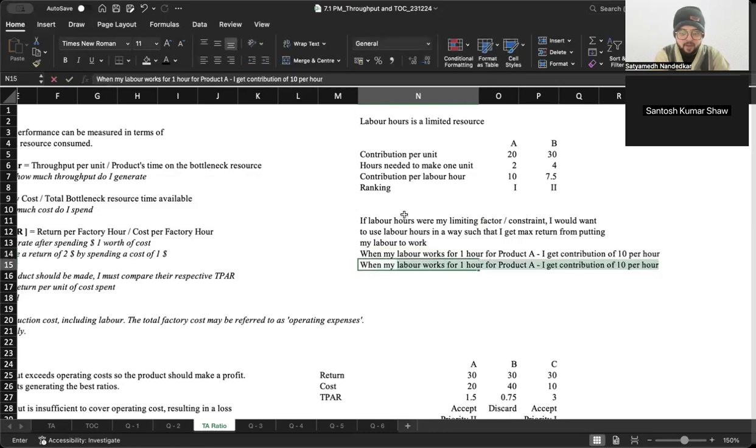And when my labor works for 1 hour for product B, I get a contribution of 7.5 per hour. So I would want to maximize my returns, right? And if I want to maximize my returns, I would ask my labor to spend time in making that product which is giving more contribution for every hour spent. And which product is giving more contribution for every hour spent? Product A. So this is how I will decide which product to produce and which product to delay or discard.